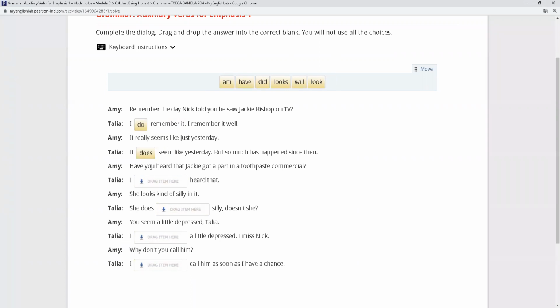Have you heard that Jackie got a part in the toothpaste commercial? I have heard. Yes, en este caso sí, porque nuestro auxiliar es have. Ok, entonces utilizamos el mismo auxiliar. She looks kind of silly in it.